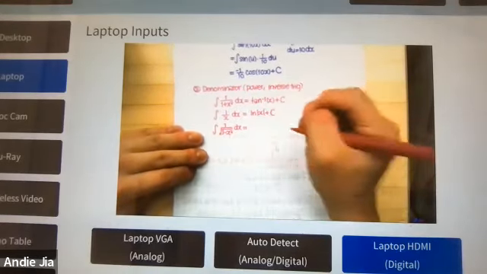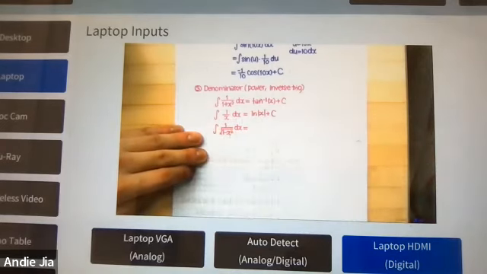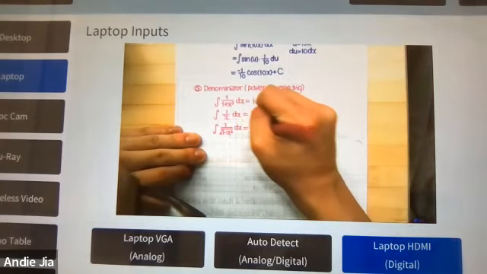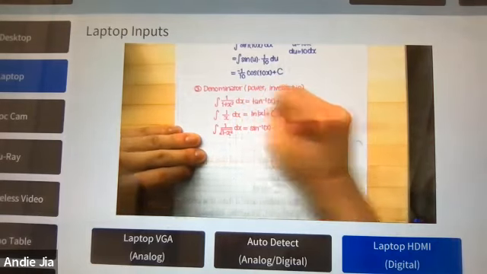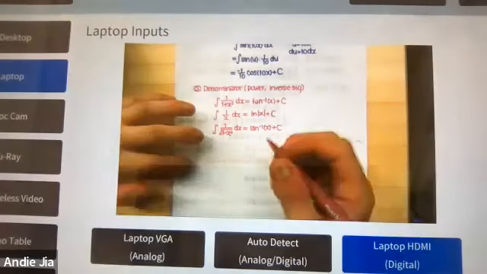Just make sure to pay attention to the trig functions and inverse trig functions. There are some tricky examples here.